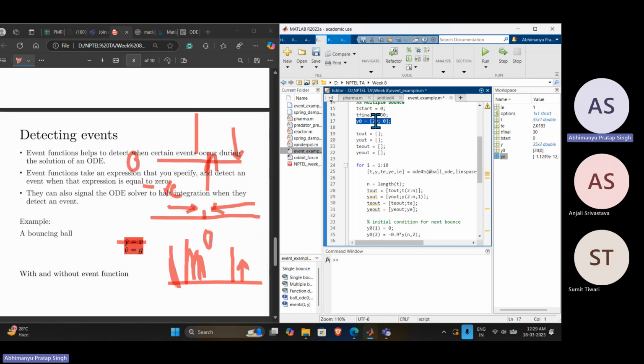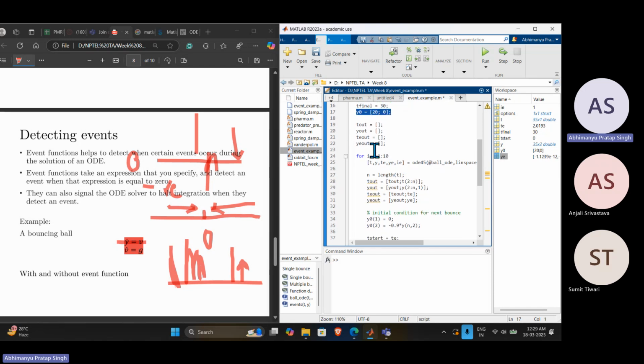So the ball will be dropped from a height of 20 meters. Now, once that has happened, the event function is triggered and the simulation is stopped, right? So after that, I will check the length of my t vector. Then out of that, I will take the t vector from the second instant, because the first instant has already happened, right?